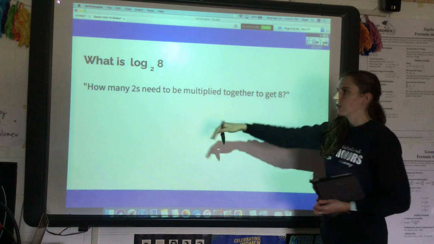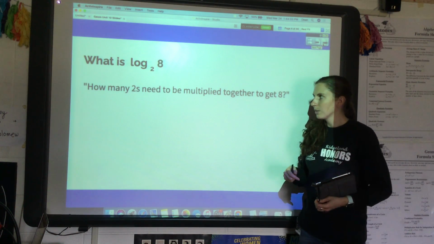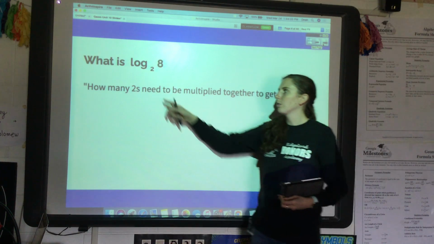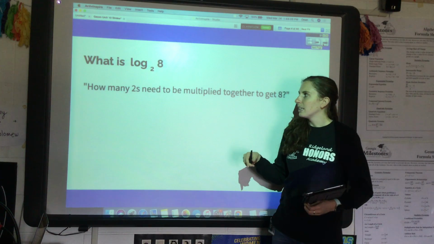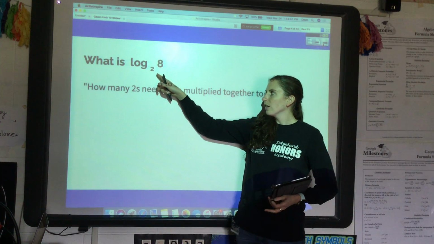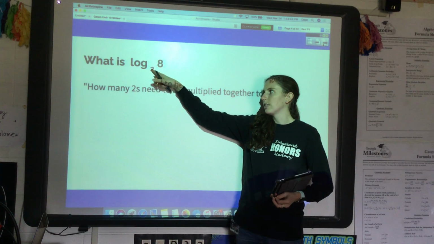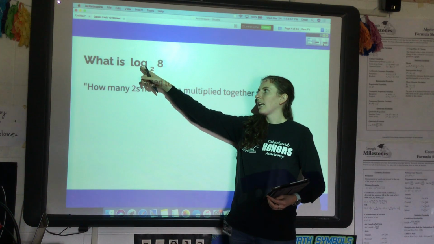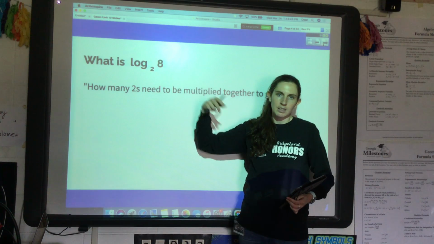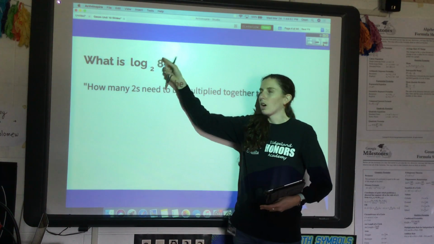Before we get to actually solving, you need to know what logarithms are. Here's how they work. We usually write the word log, short for logarithm. Logarithms have what's called a base, which is this number written as a subscript. So we would say log base 2 of 8, or the base 2 log of 8.